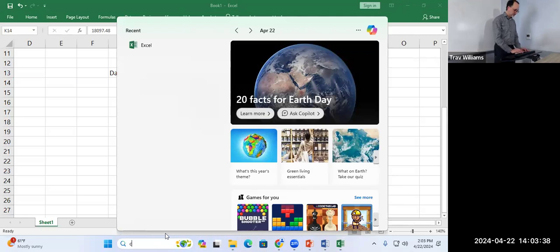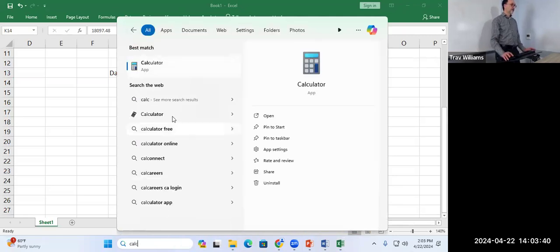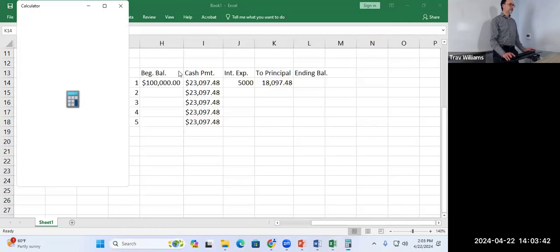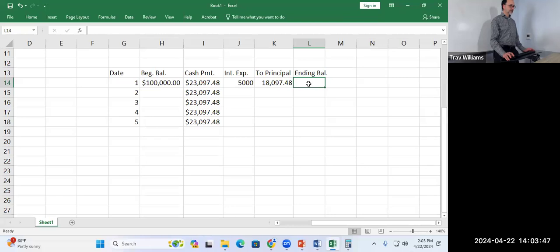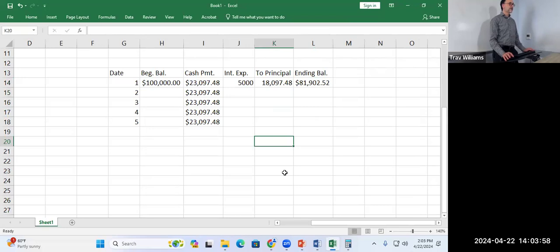Gotta find my calculator. There it is. Oh, actually, I could just do it in Excel. That's one nice thing about Excel. I could just say equals this minus this. There we go. And then what would be my next step?